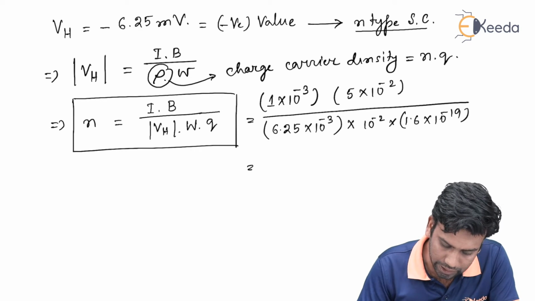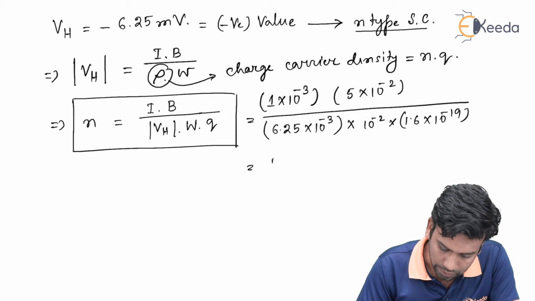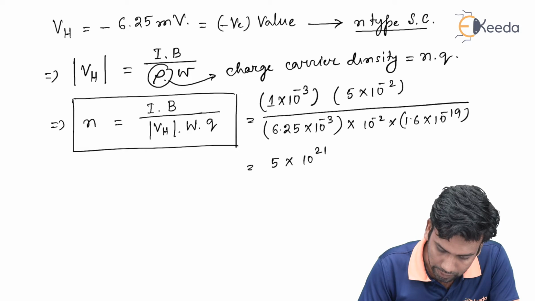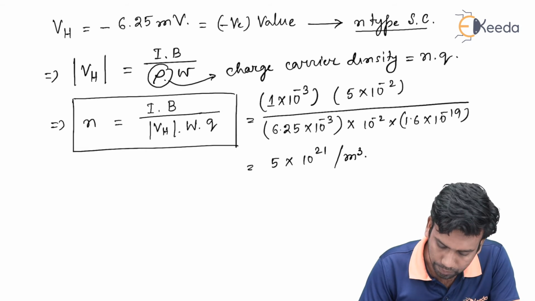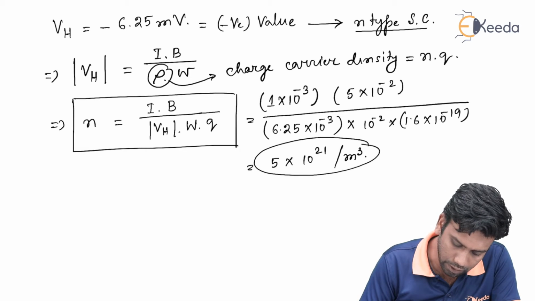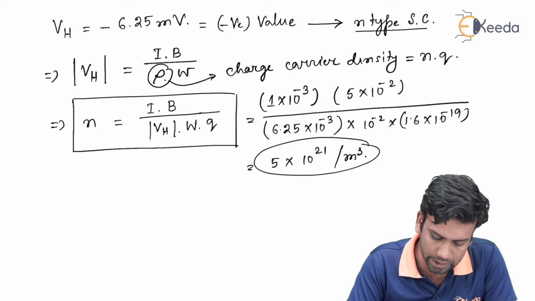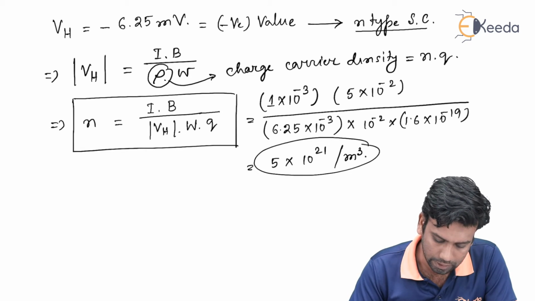So after doing the calculation, we will get 5 into 10 to the power 21 per meter cube. So this will be the value of the electron concentration in the n-type semiconductor.